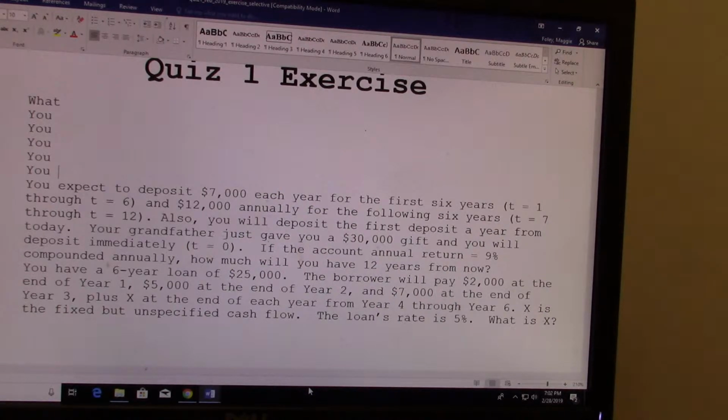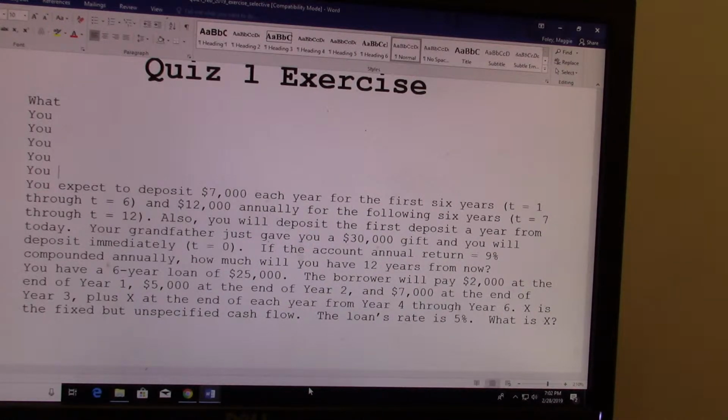So now you have the second annuity, which is $12,000 for 6 years. For this annuity, your present value should be the one you just calculated from the first annuity.